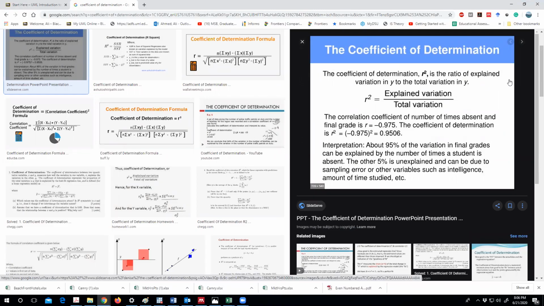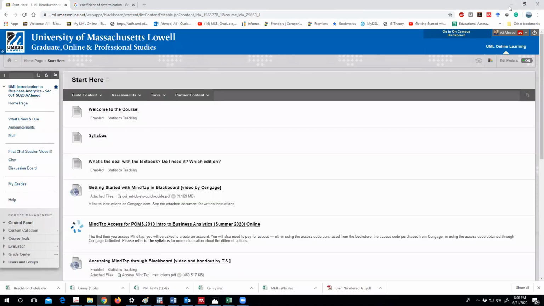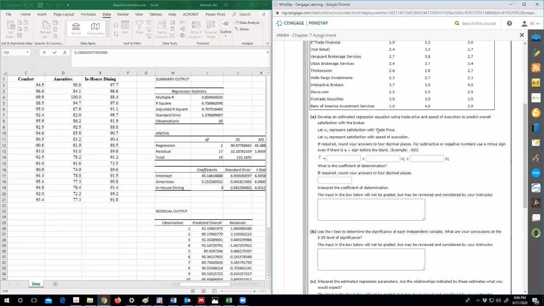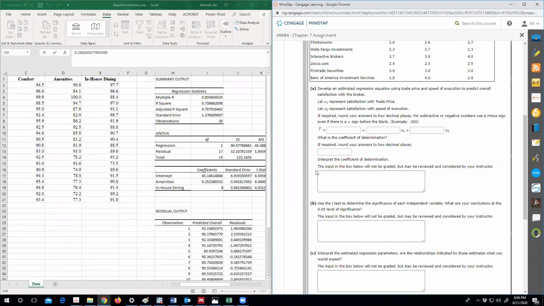The coefficient is the ratio of explained variation, so it's checking the R square. It's the percentage of variation explained by the model relative to the total variation.